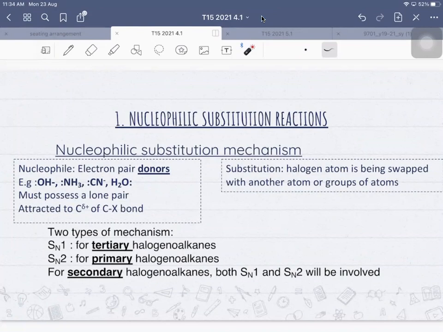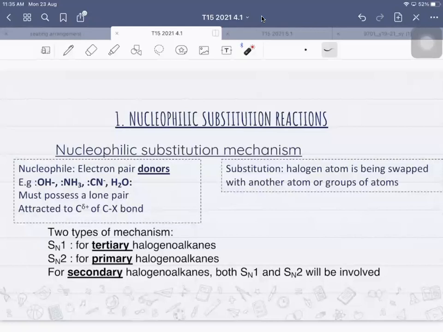Nucleophiles are electron pair donors. So species with electron pairs can act as nucleophiles. You saw in the previous topic that alkenes, the C double bond C, which is rich in electrons, act as a nucleophile because they can give away their electron pair.